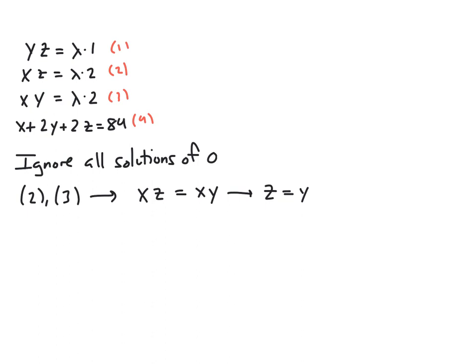All right, so now we'll use this fact in a moment. If I go back and look at equation 1, I can multiply equation 1 by 2. So I have 2yz equals 2 times lambda.